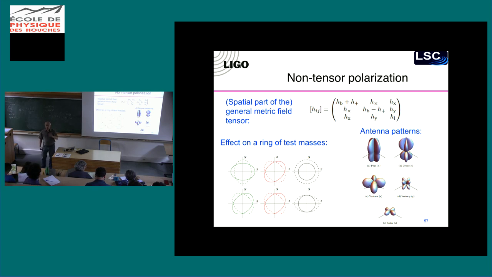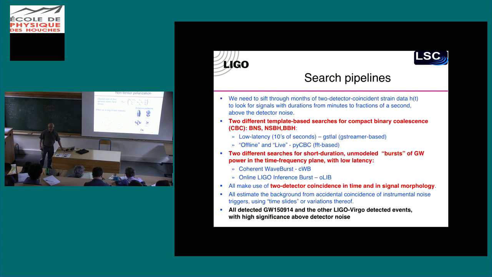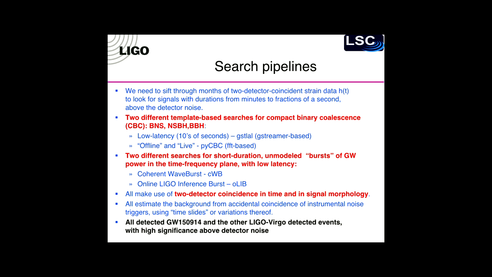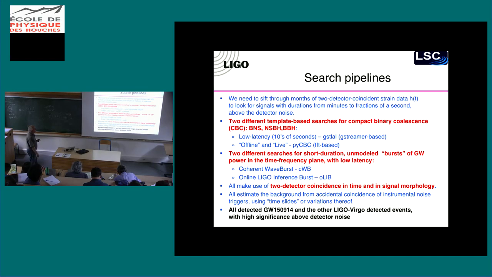I just spent 2 lectures without ever yet talking about the pipelines themselves. I'm going to give you one last slide and then end. So we need to sift through months of 2 or multi-detector coincident strain data to look for signals with durations from seconds to minutes above the detector noise. So we have 2 different template-based searches.